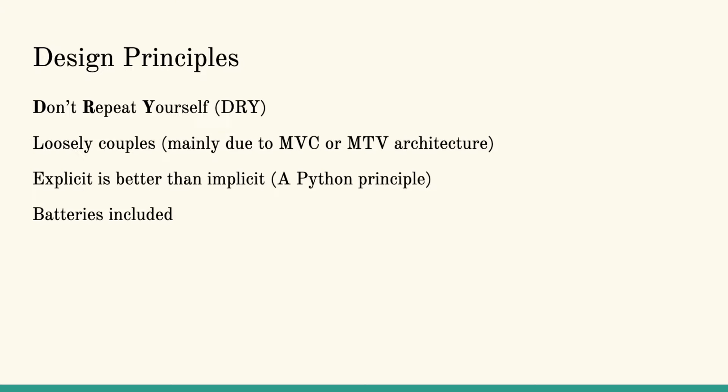But for developers and newbies, understanding what's happening under the hood might be a difficult task when it comes to implicit operations, right? You need to know the ins and outs of that particular framework or library when there are implicit operations like that. So you should not assume anything like that. Following the Python principle, Django also adopts the same principle of explicit is better than implicit.